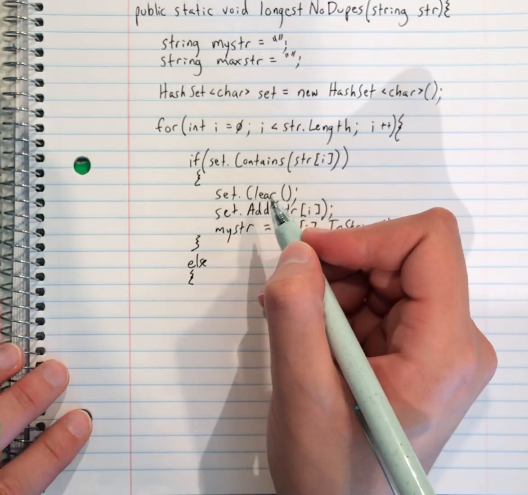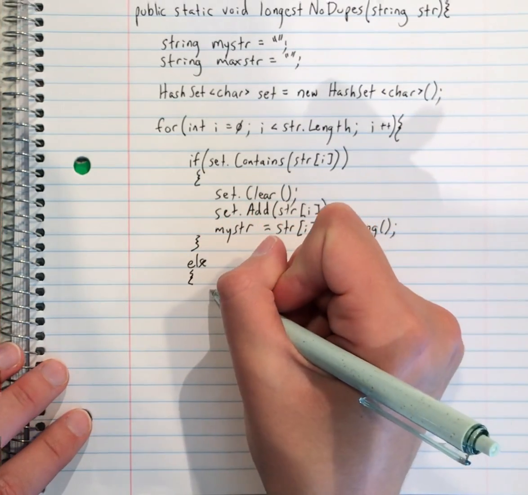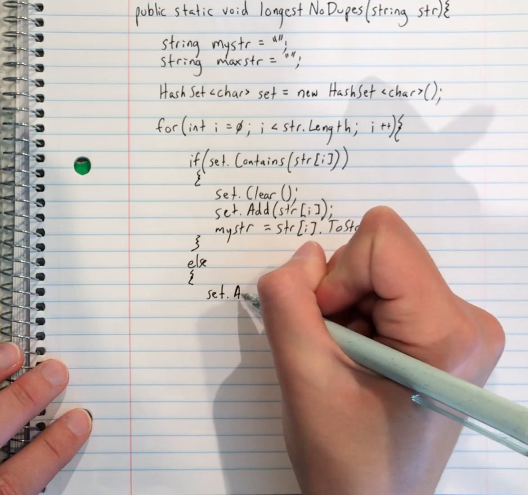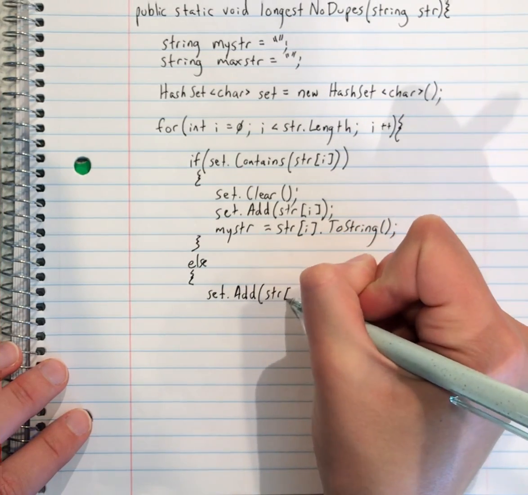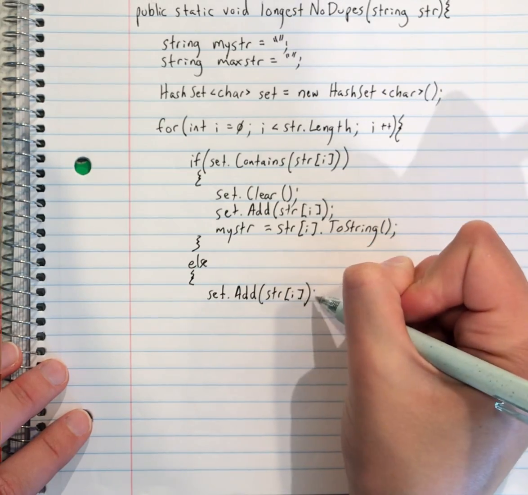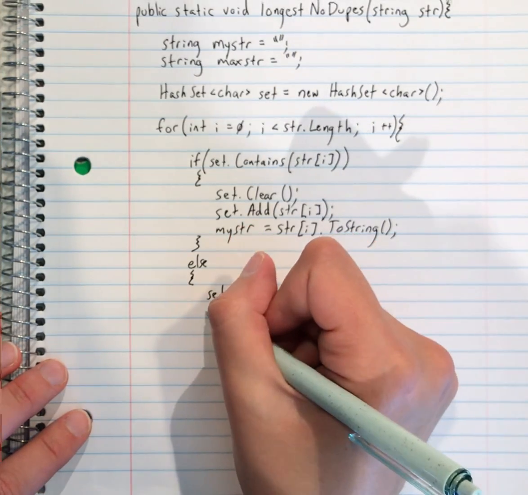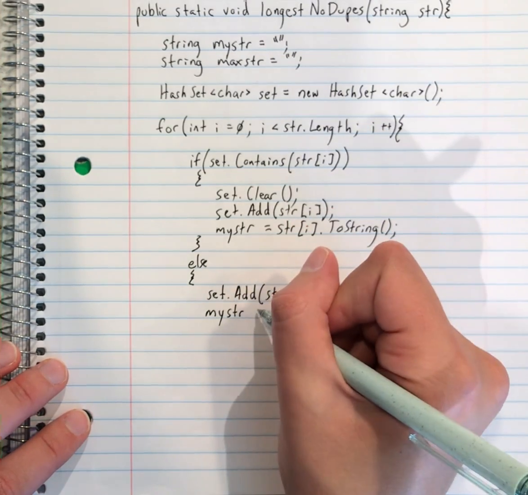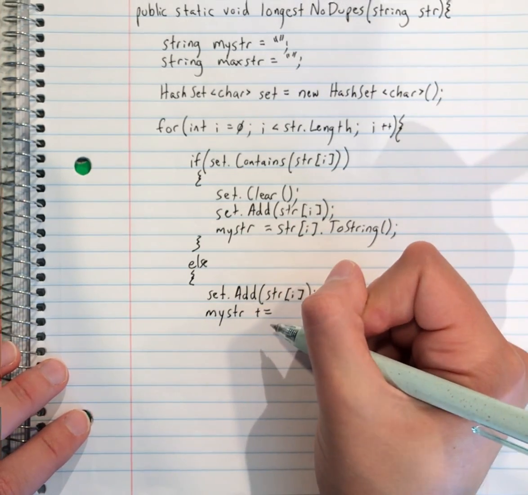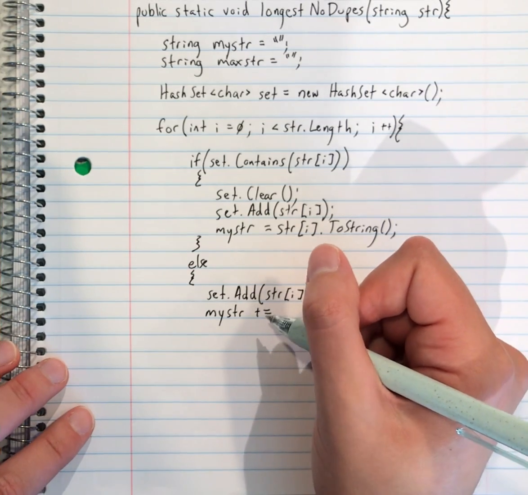so if the set does not contain this element, I will add it to the set. And here I will tack on the ith element to my string.